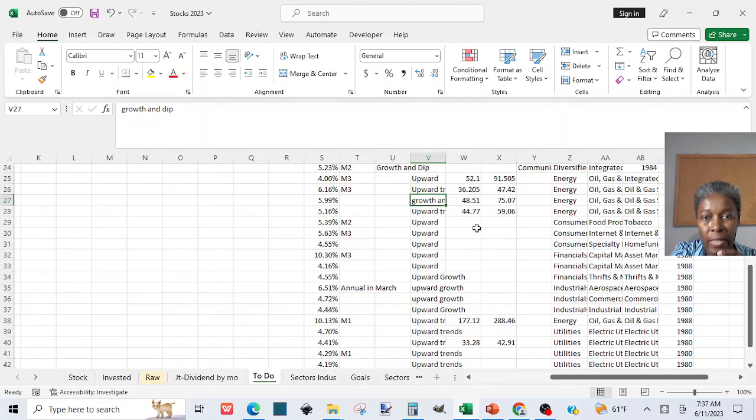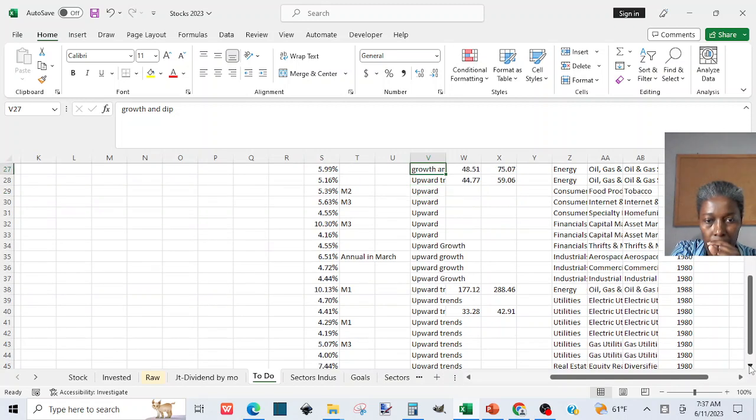And this growth and dip is because probably I had upward before, and I changed it to growth and dip as I was doing this, because I didn't think it would classify as upward, but that's a good company, so I have it there.